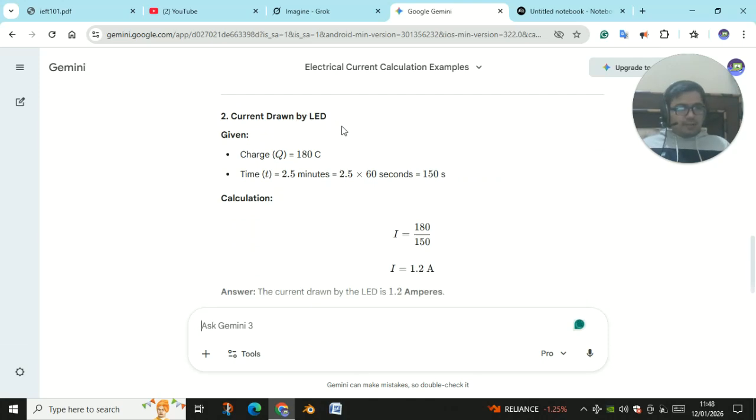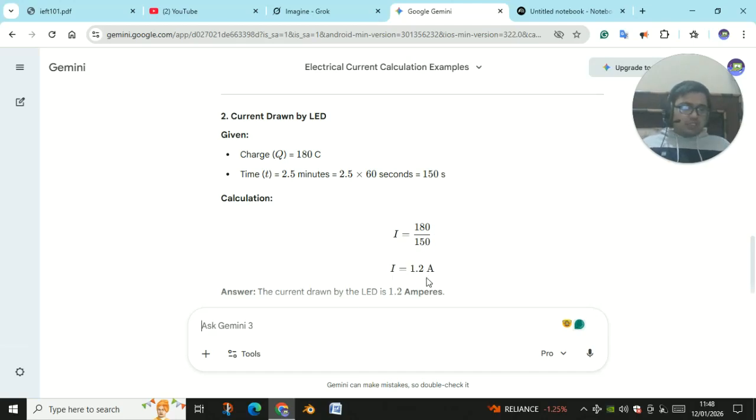Current drawn by LED. Charge Q is equal to 180 coulomb. Time 2.5 minutes is equal to 2.5 into 60 seconds, 150 seconds. I is equal to 180 coulombs upon 150 seconds.